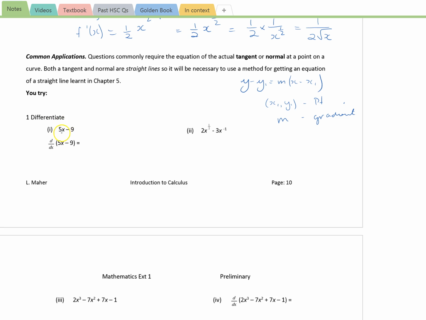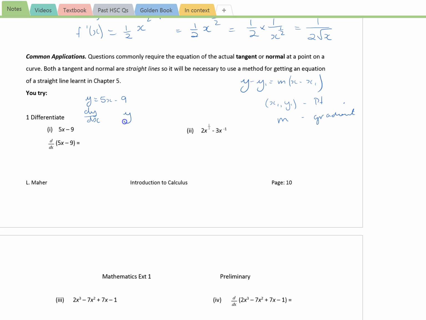So if you're asked to differentiate 5x minus 9, what do you notice about this? This expression 5x minus 9 is not given any name. It is not written as y equals 5x minus 9. But if it was, our notation for the derivative would be, one option is dy/dx.